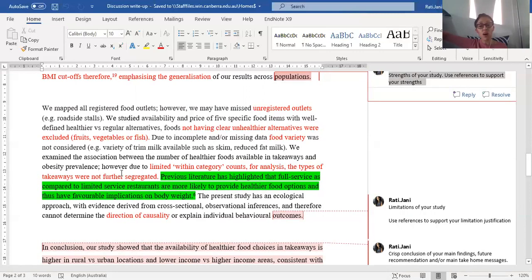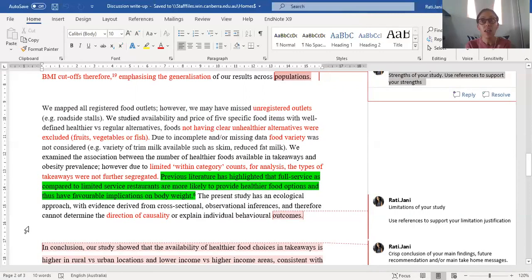Okay, so guys, similarly, maybe you have males and females both in your study, and you acknowledge that you haven't done analysis for males and females separately. Firstly, because if you don't know SPSS and statistics right now, I don't have the capacity to teach you all of that. But for example, in my running example over here, I have acknowledged that yes, I haven't done a within category analysis for the type of takeaway outlets.